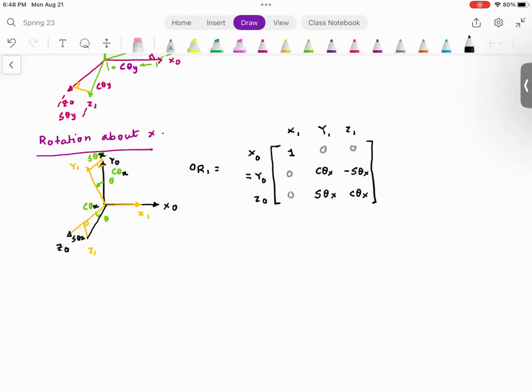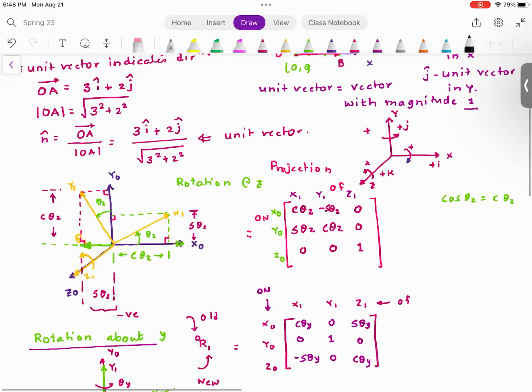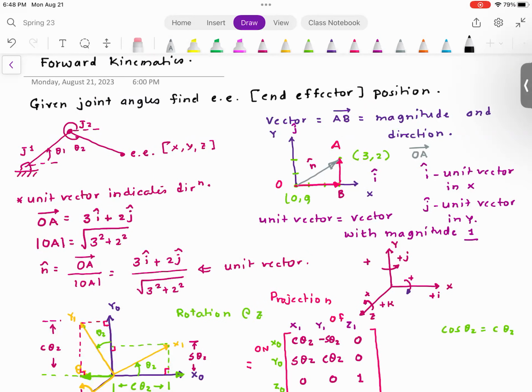So revolute joint is a hinge. Basically, there are 2 types of joints: the revolute joint, which is called R, and the prismatic joint, which is called P. Now, a very simple example is the robot that I drew in the beginning of the class.